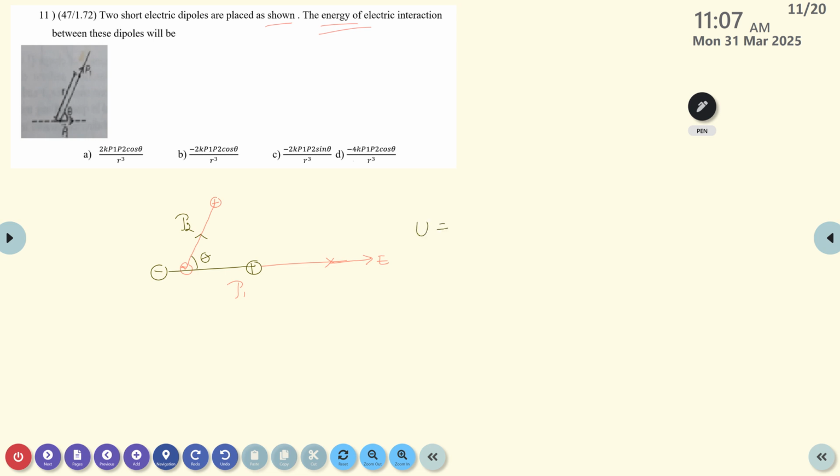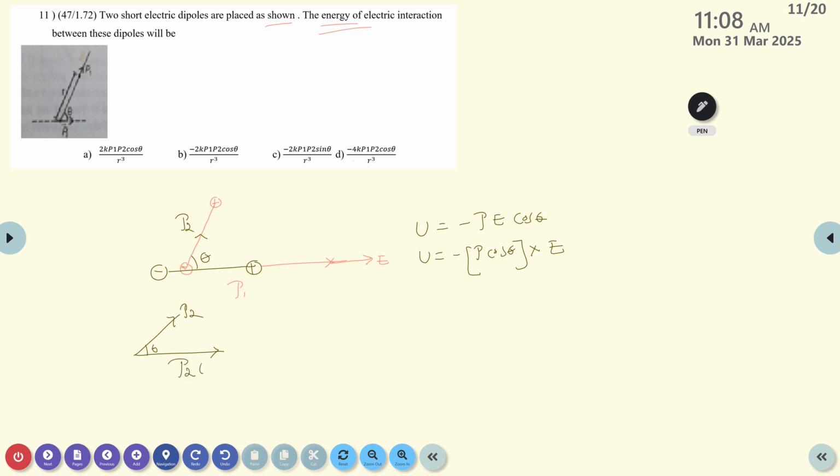You know the equation U equal to minus PE into what? Cos theta. Can I write like this? Minus P into cos theta into E. That means the component of P2 in this direction is along x direction.